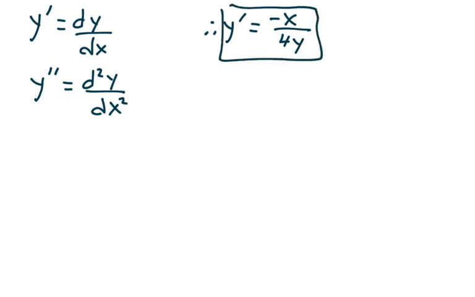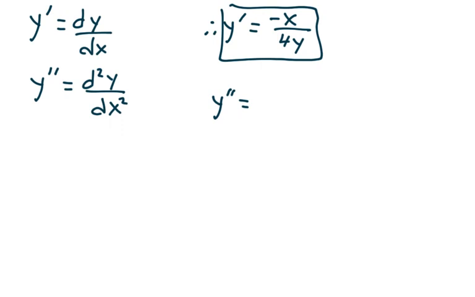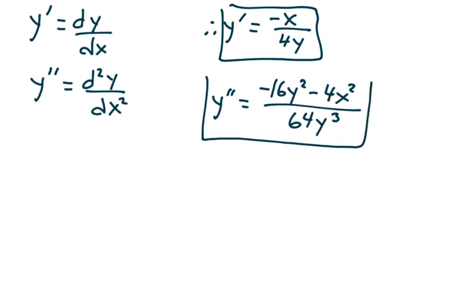And then y double prime is negative 16y squared minus 4x squared divided by 64y cubed. And that'll conclude this video for section 3.5. We looked at problems 17, 19, 23, and 39. Thank you.